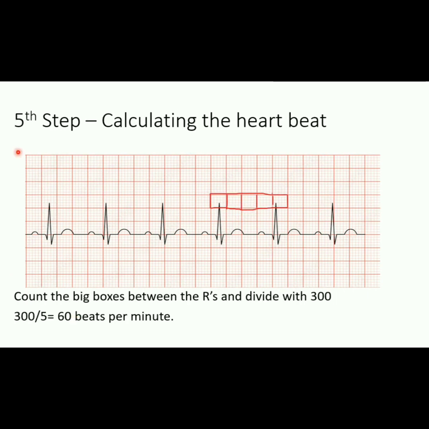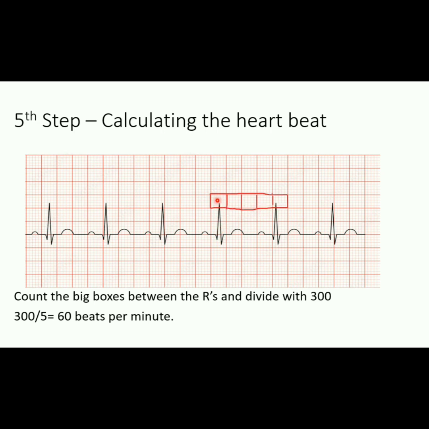Now the last step that we are going to do is calculating the heart rate. There are many methods that people use to calculate the heart rate, but here we are using the simplest method, that is counting the boxes. We count the big boxes between two R's.